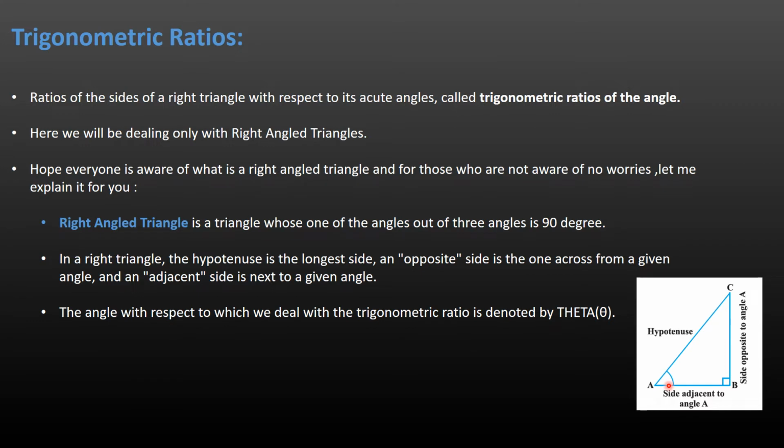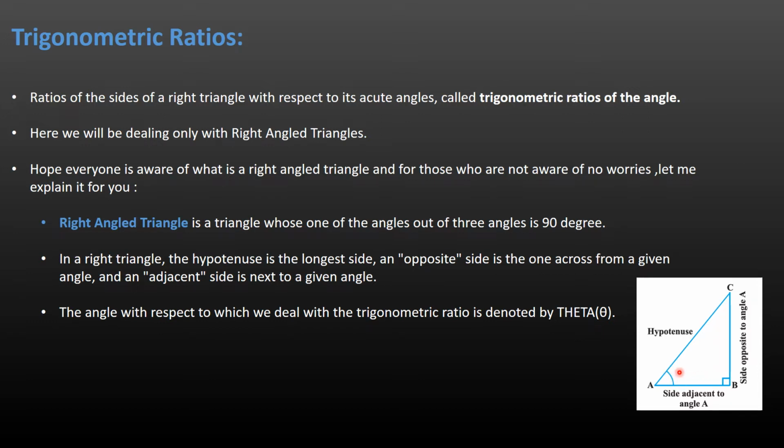And one thing you importantly need to know is, if you are considering angle A, the angle formed here is denoted by theta. So you can either name it as angle A, or if it is angle C, or you can always name it as angle theta.